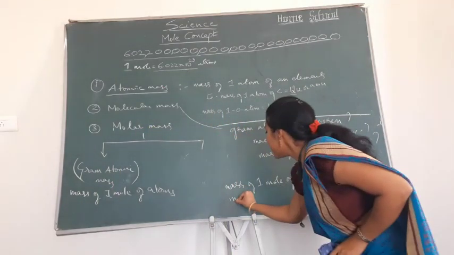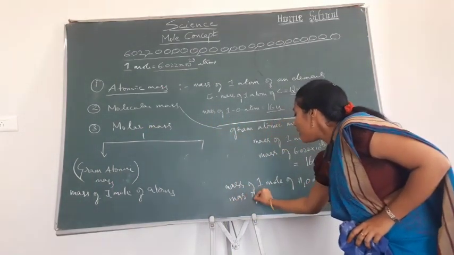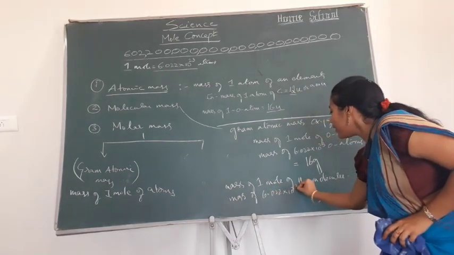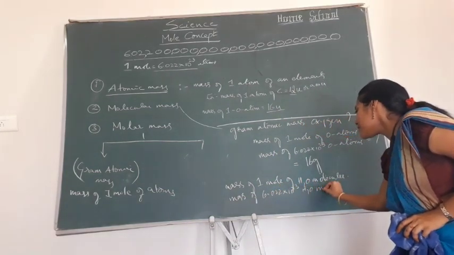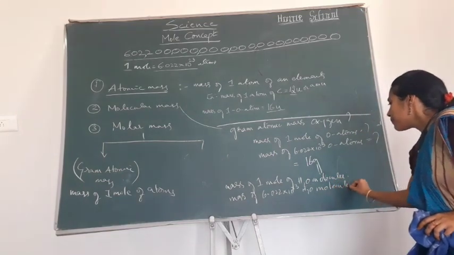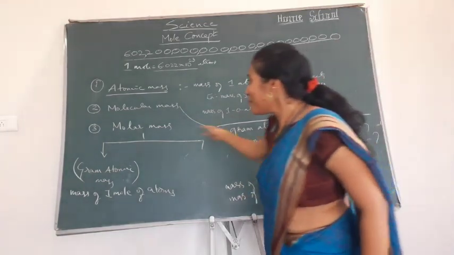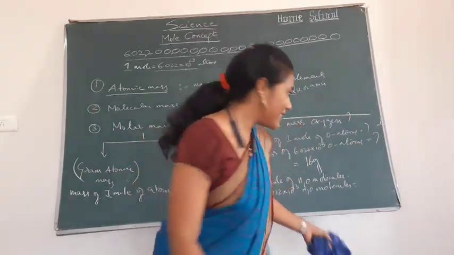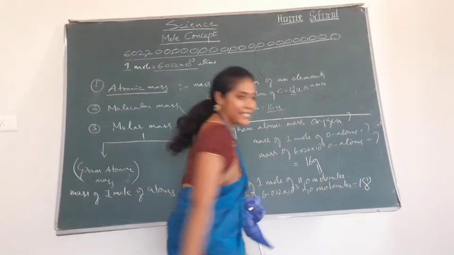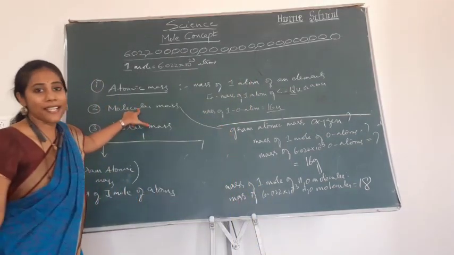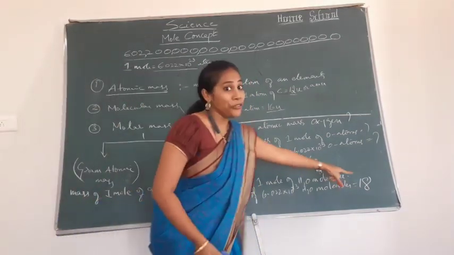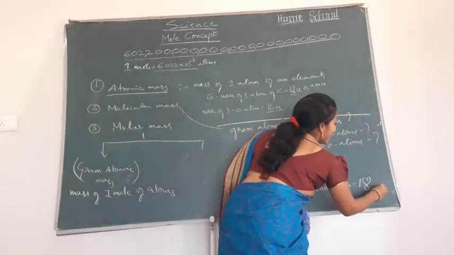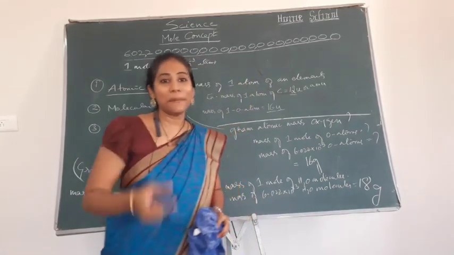I am actually asking you the mass of 6.022 into 10 to the power of 23 water molecules. And what is the answer? What was the molecular mass of water? Just now we calculated, no, 18 U. The answer is 18, digit wise the same as the molecular mass. But what is the unit? There you have 18 U, but here I will write it as 18 grams. You know, the digit remains the same.